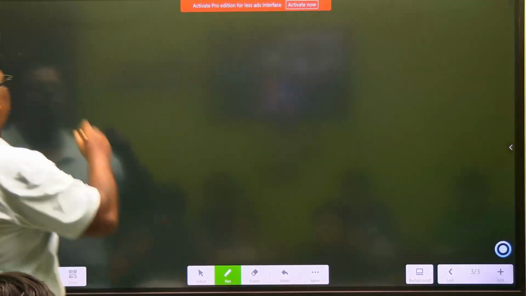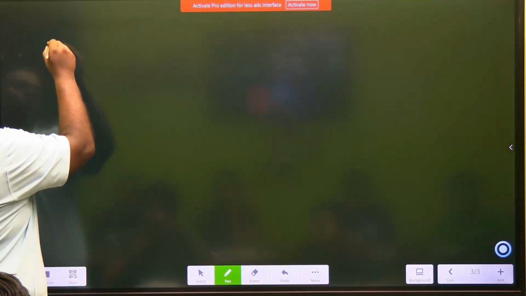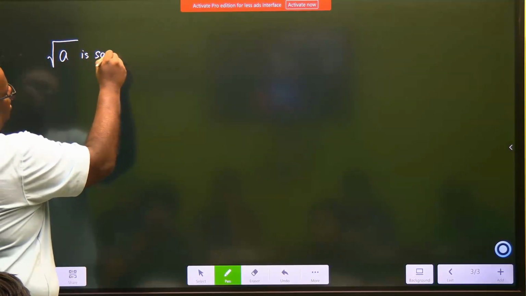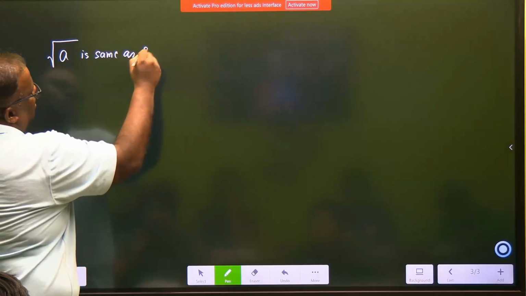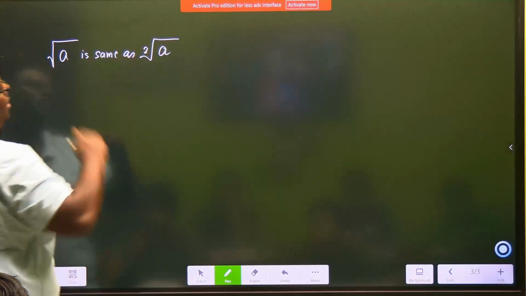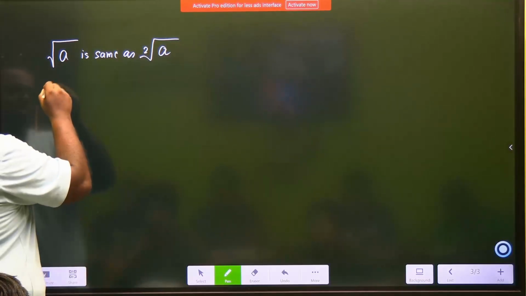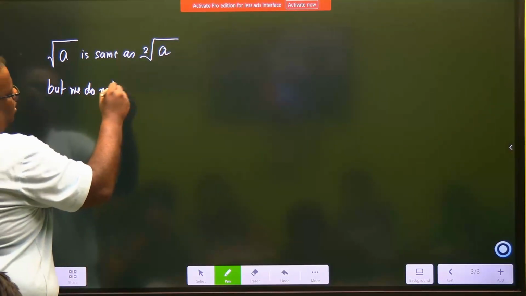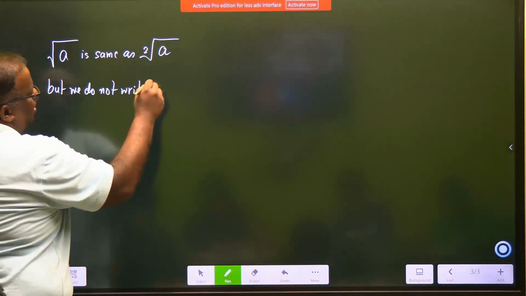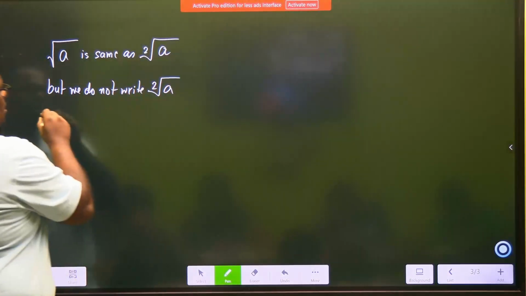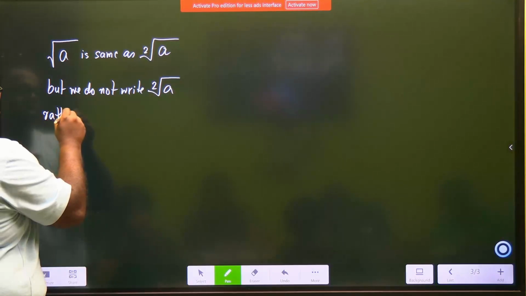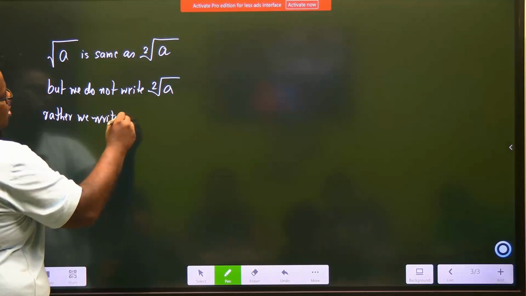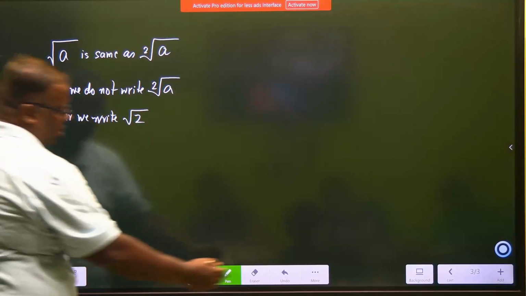Let's see it once again. If you write square root a, it is the same as 2 root a. I would prefer you write this, but we do not write 2 root a, rather we write just root of a.